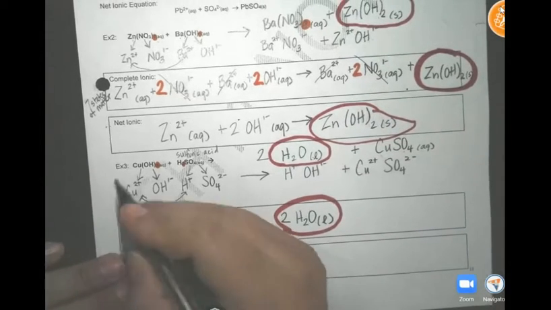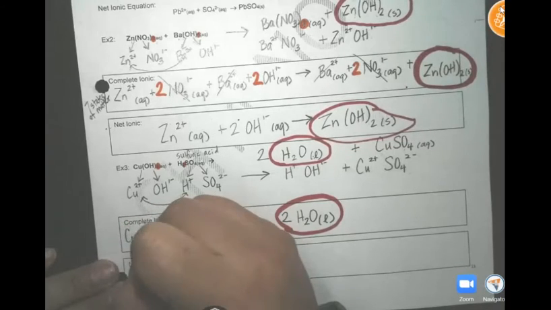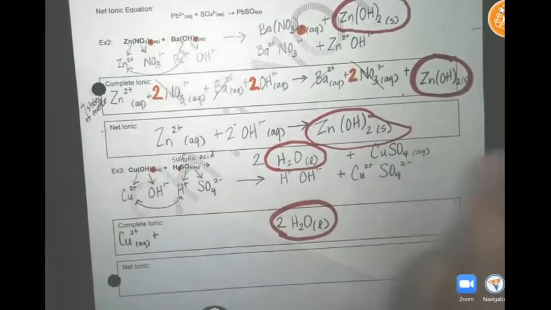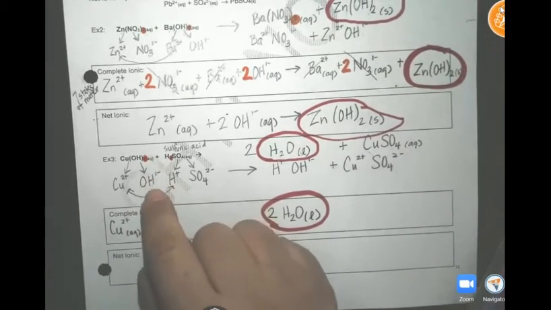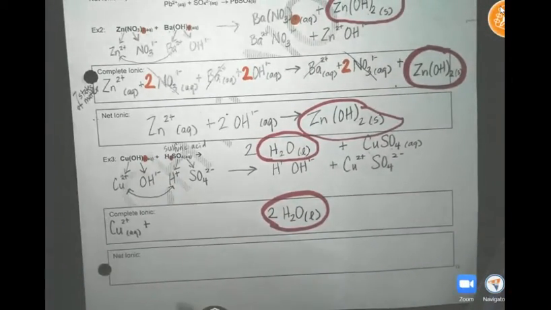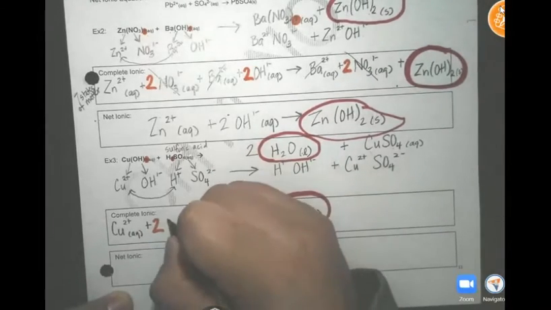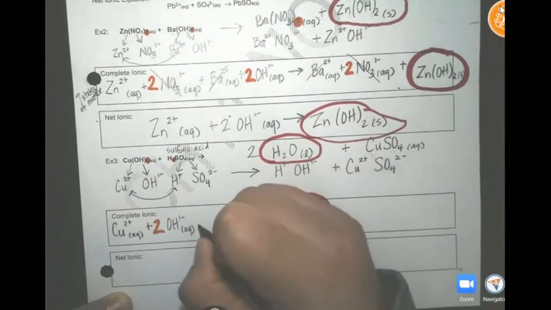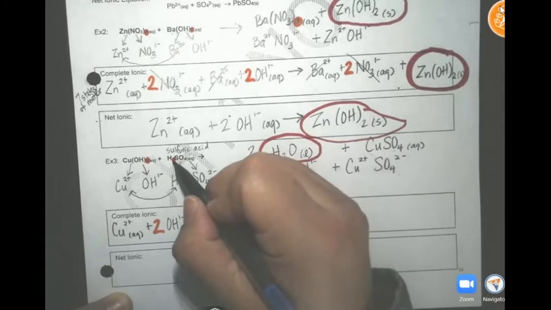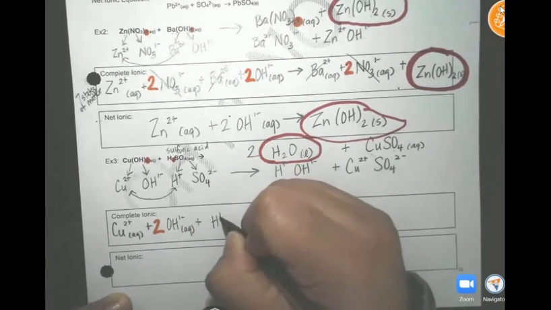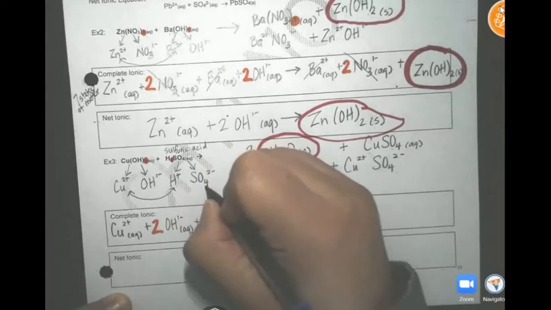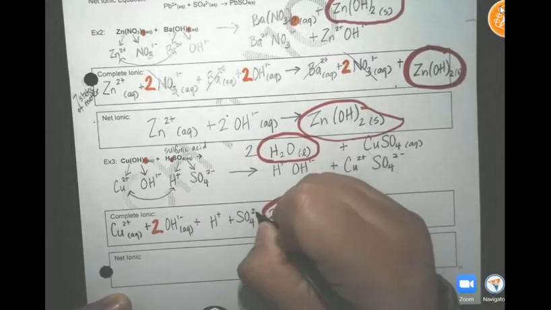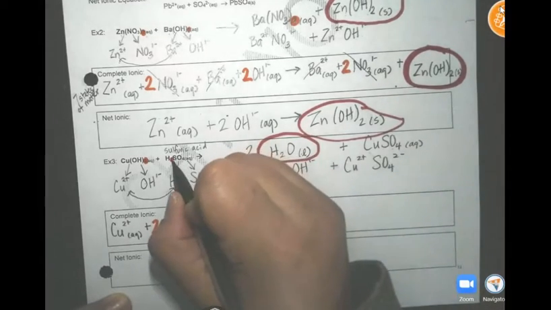So I start here. I have Cu 2 plus aqueous plus, remember that 2? So now I have to account for that 2. 2 OH 1 minus aqueous plus, here I have H plus and SO4 2 minus. Remember that 2?